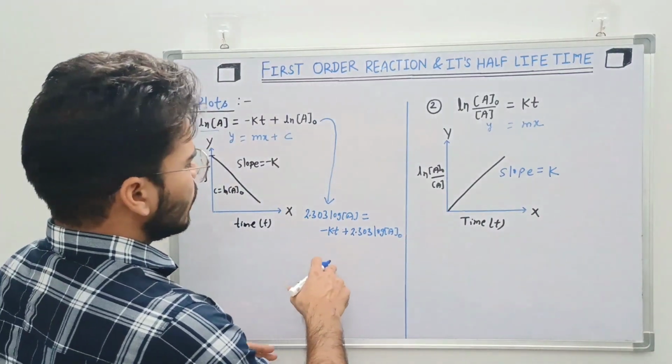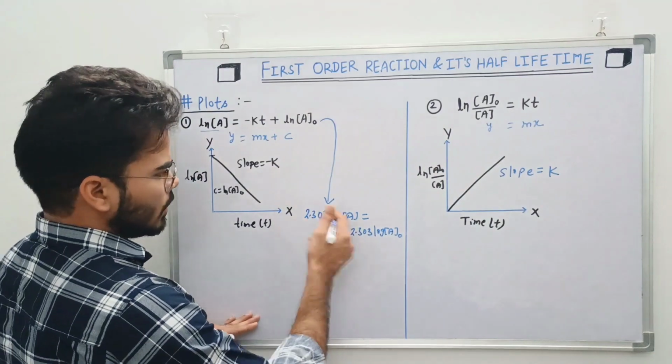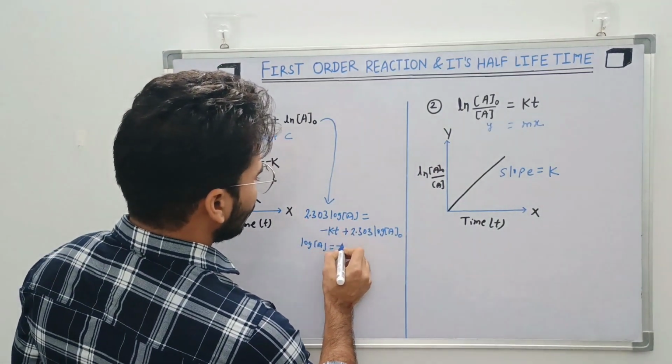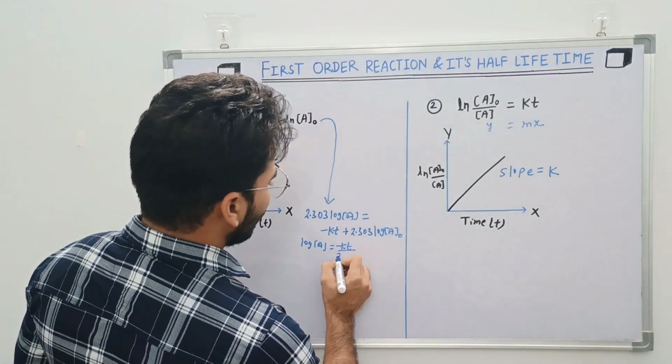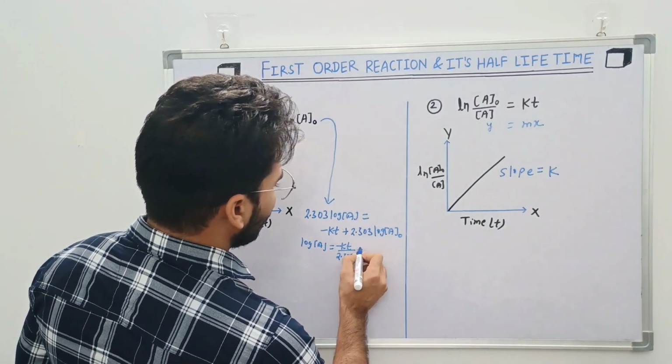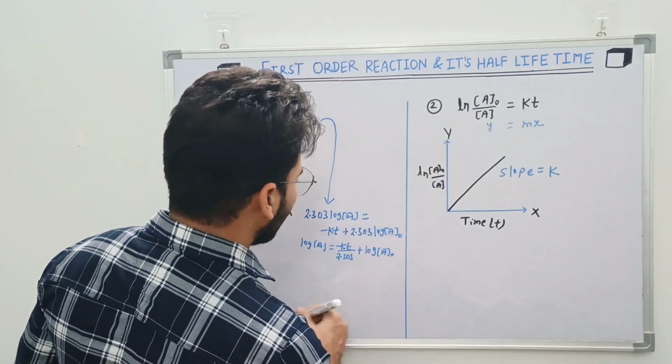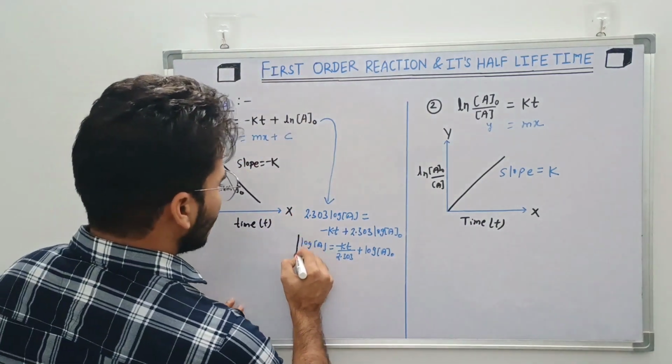We can divide every term by 2.303. Then we will get the equation log a is equal to minus kt upon 2.303 plus log a0. So this is our final expression.